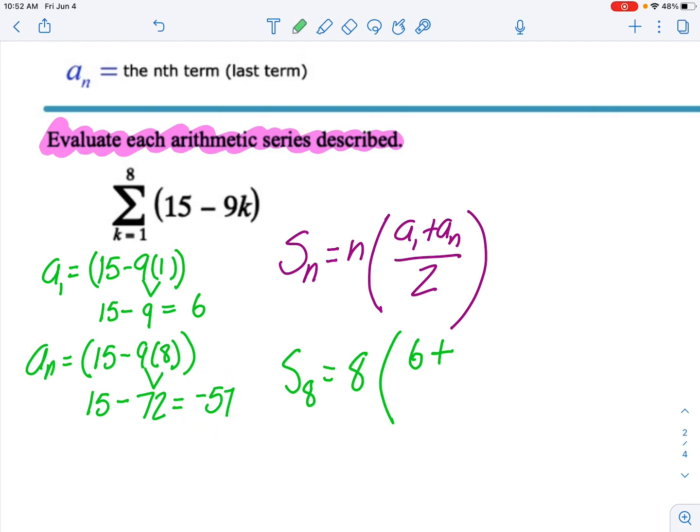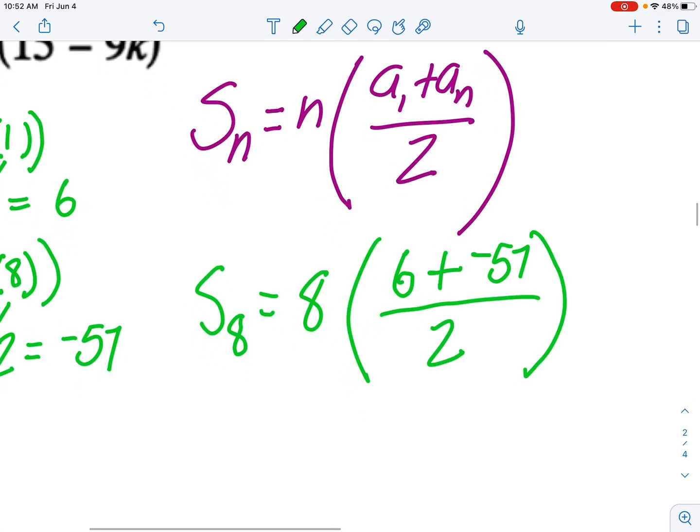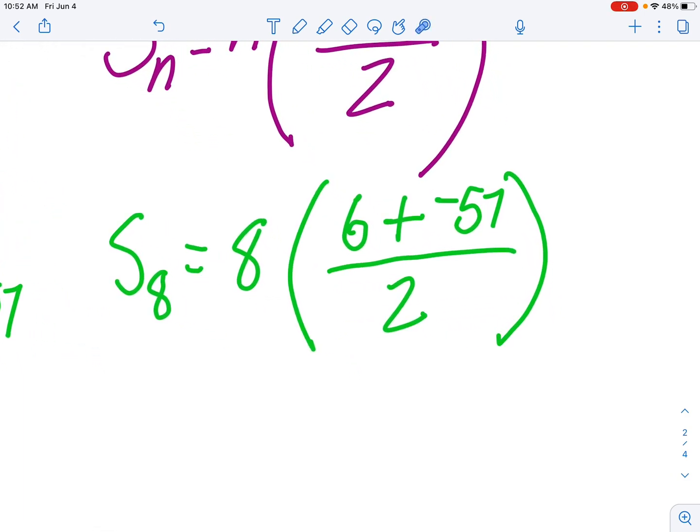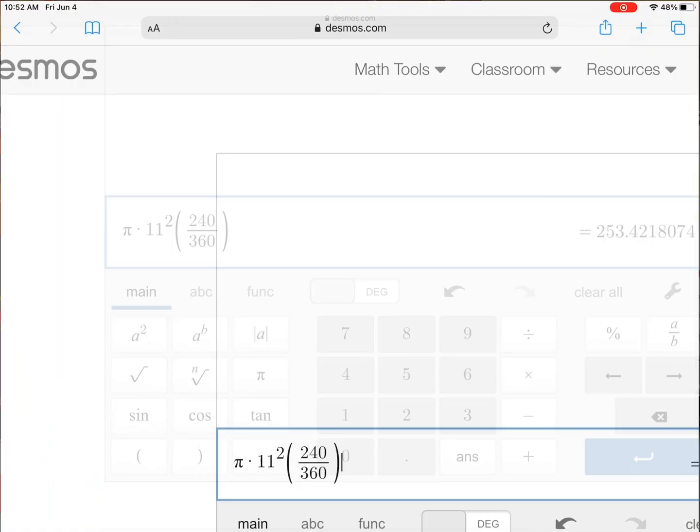What do we get for an? Negative 57. Negative 57 divided by 2. So our sum for the first 8 numbers in this series is going to be whatever we get from here. So let us use our calculator.